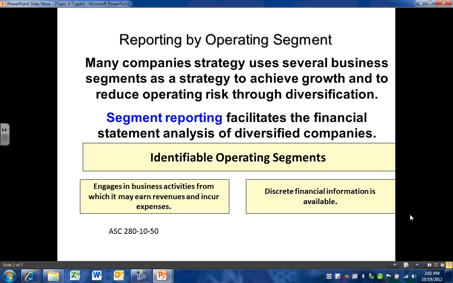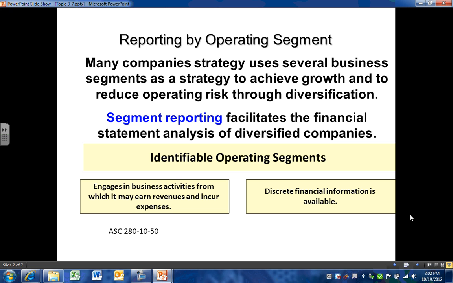In your strat management classes, you'll be looking at these types of strategies and get a better understanding of how diversification is achieved by working in segments. For our purposes, segment disclosure is important because this allows users to look at different parts of the company.